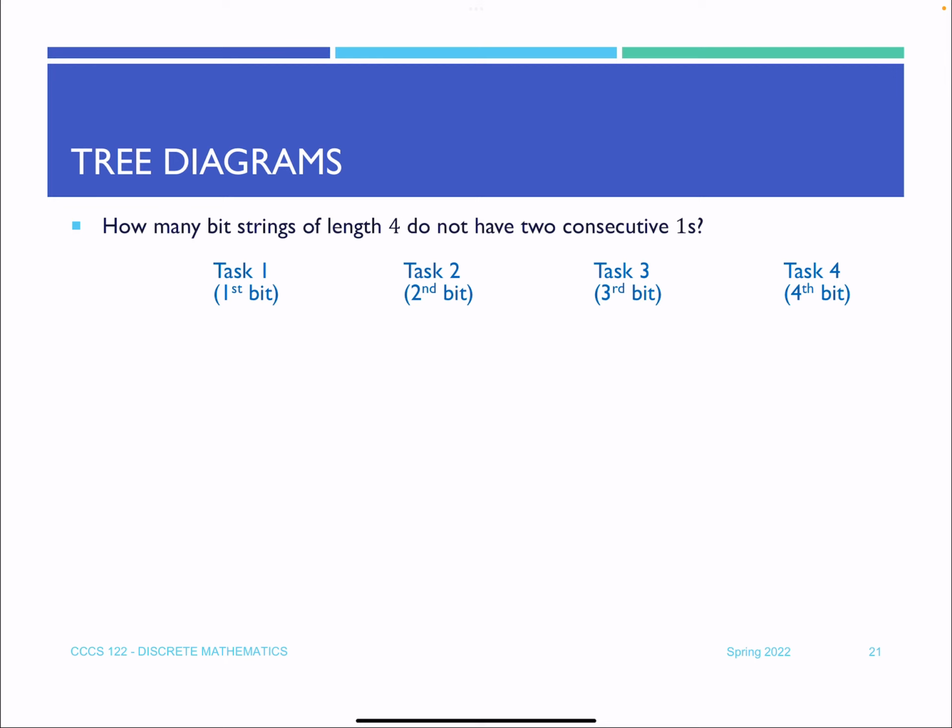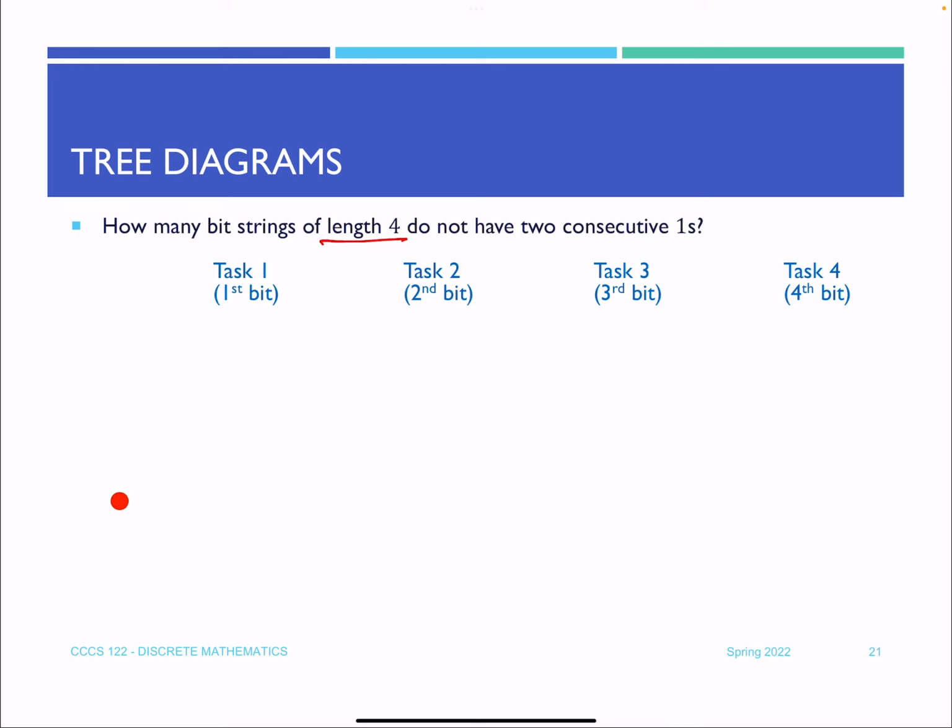Here's another way of thinking about such problems. Let's say we want to answer the question: how many bit strings of length 4 are there that do not have 2 consecutive ones, meaning one followed by another one? Cannot have that. So how many options?